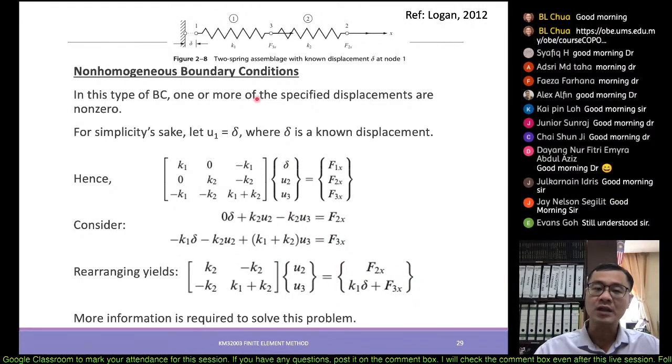But when we include this, the situation becomes more complex and we need more information in order for us to solve for all the parameters or unknowns in the equations, right?